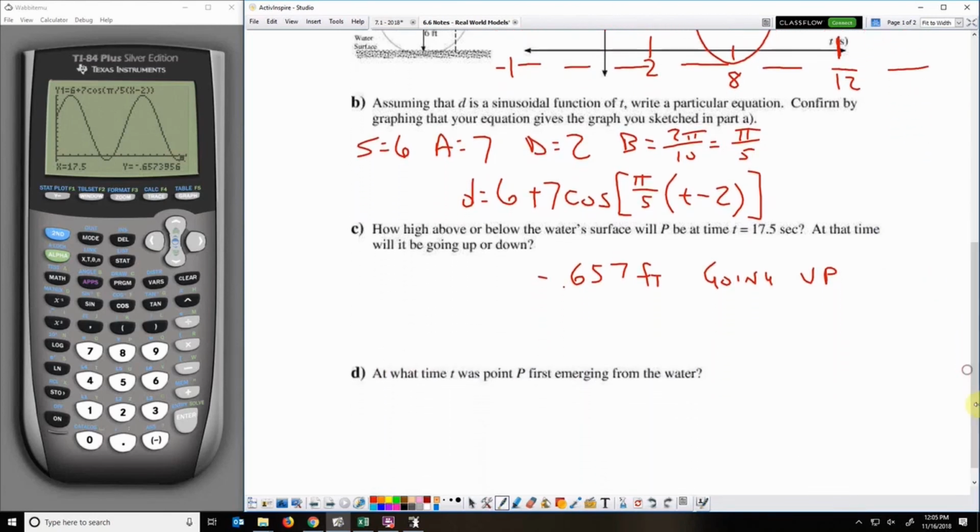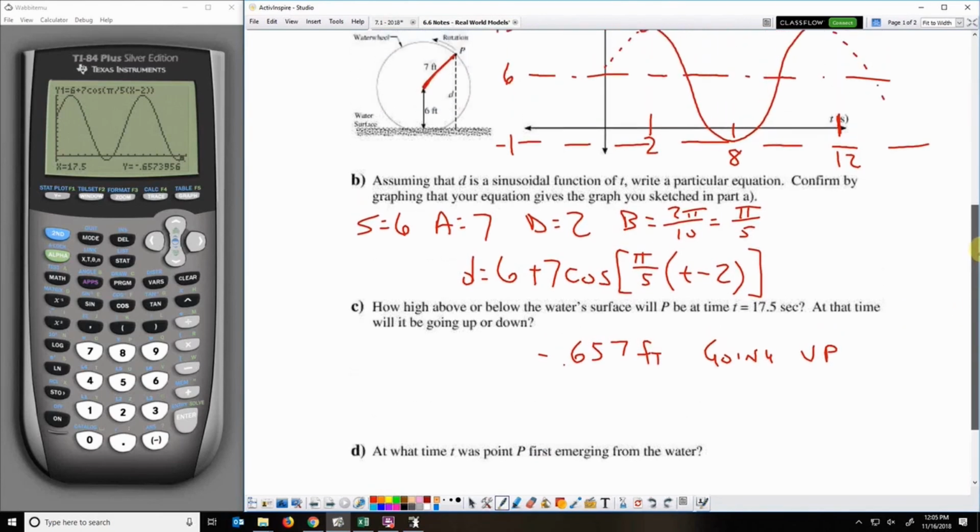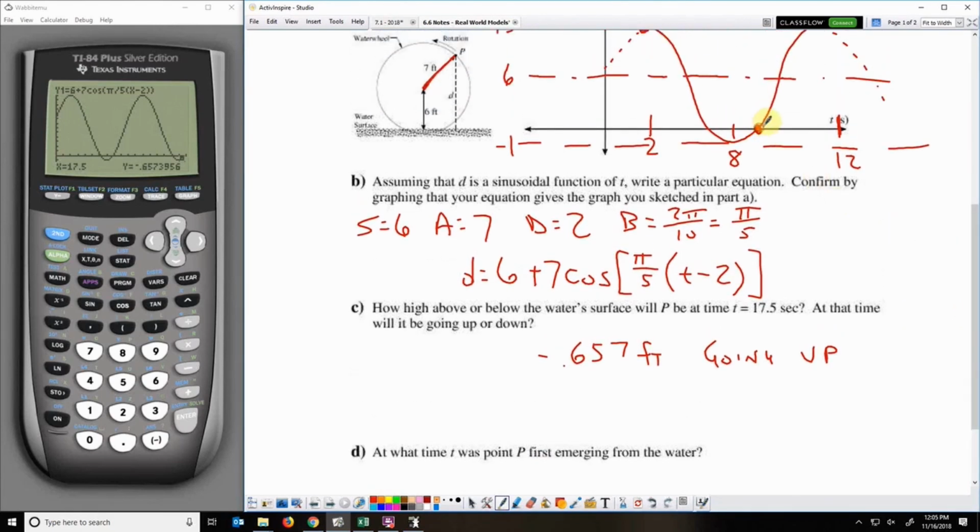And the last question here, at what time was point P first emerging from the water? Okay, so on our graph, the first time it emerged from the water was right there.